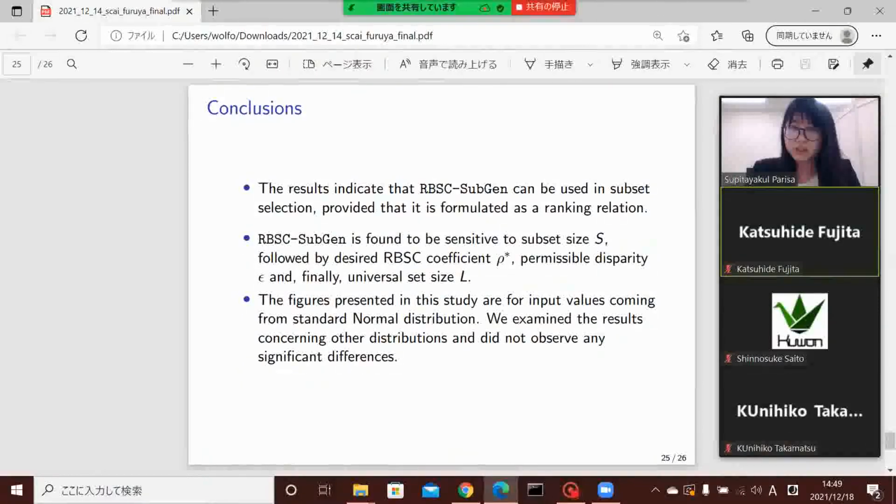So the result indicates that RBSC subject can be used in subset selection provided that it is formulated as a ranking relation.